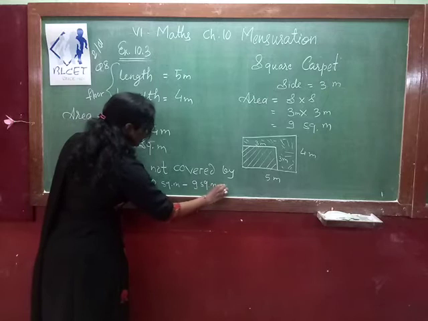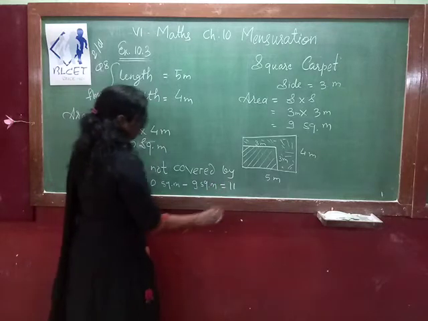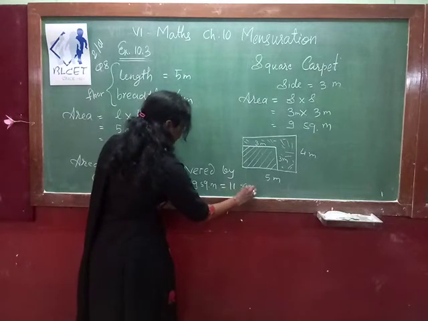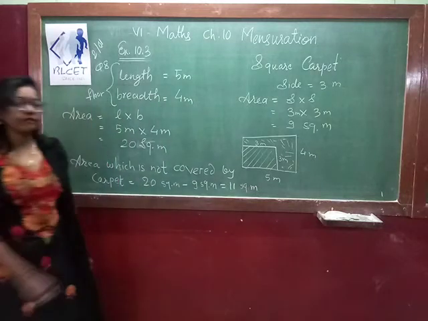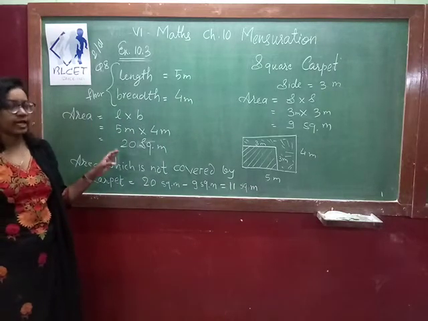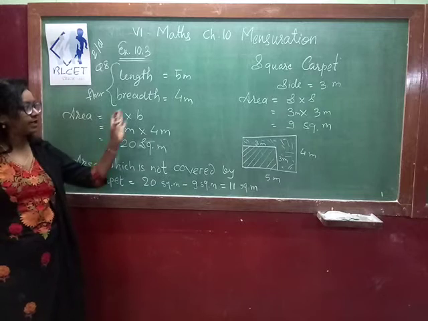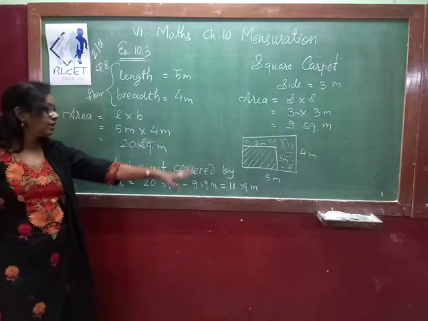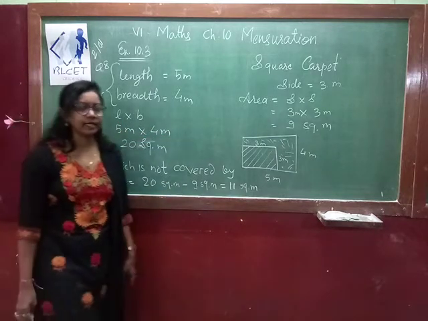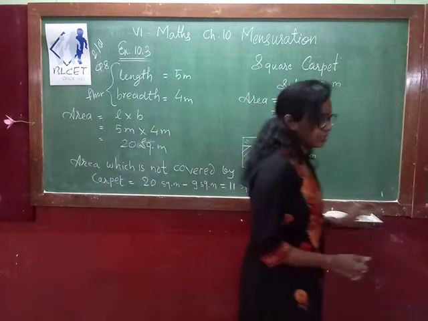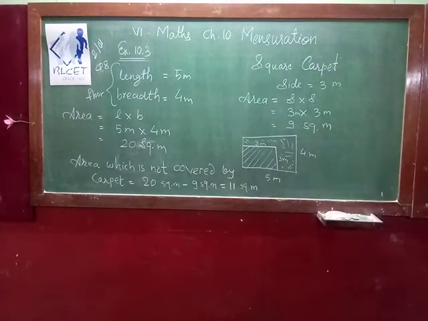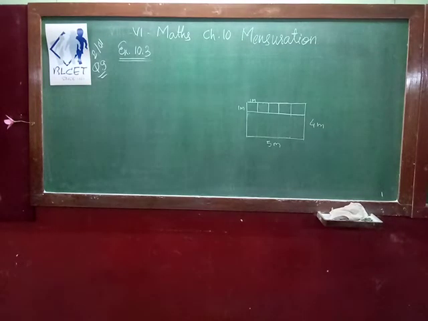So what is the answer? 11 square meter. So this way we can find the answer in such kind of question. Find the area of the rectangle, find the area of the square carpet and then take the difference, you will get the answer. So this is your question number 8. Move on to the next question, question number 9.